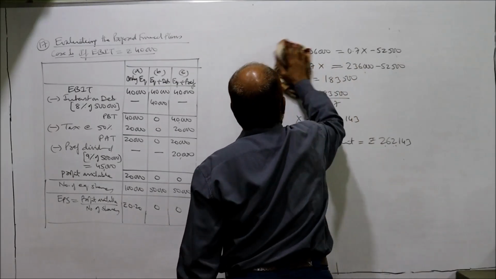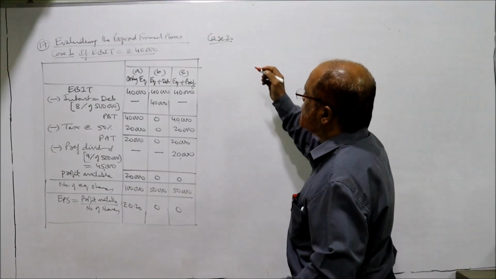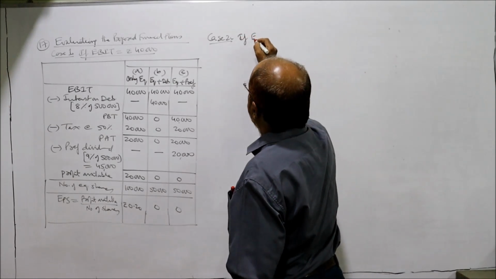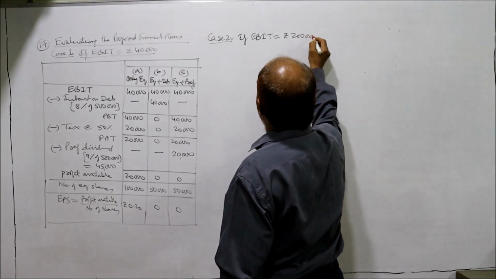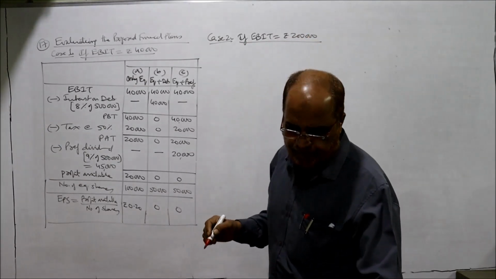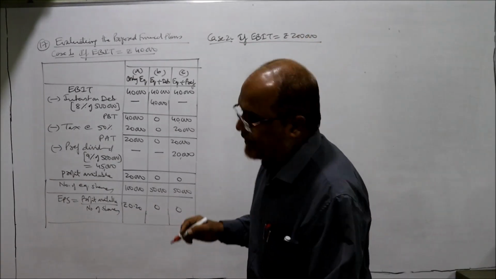Now same calculations we have to make for EPS when the EBIT is 2 lakh. Case 2. If EBIT is equal to rupees 2 lakhs. Given in the problem, 2 lakh rupees EBIT.